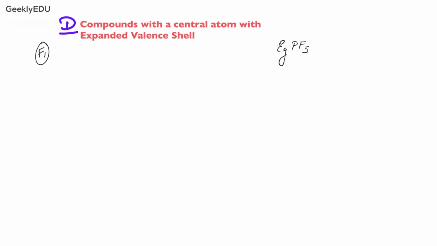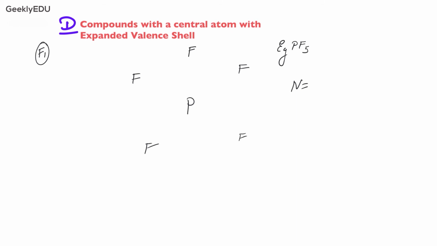Now, the fourth exception would be the compounds with a central atom with an expanded valence shell. Now, what does expanded valence shell mean? Let's start with the same basic step. First, let's draw the most symmetrical structure, right? So, phosphorus in the center, because the least electronegative would be at the center. Then, fluorine all around it, right? Now, what's N?